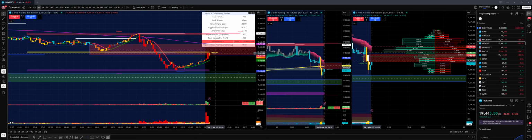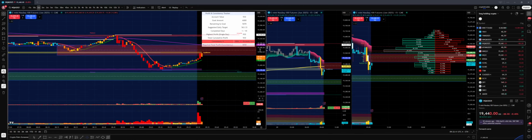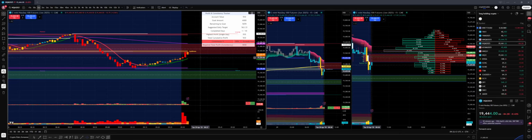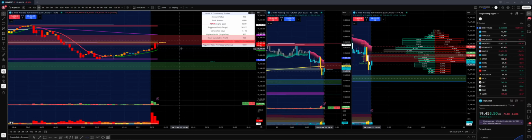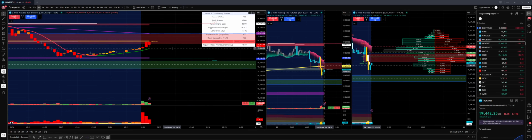This would have been nice to grab there too, but it is what it is. We could consolidate in this range until 10 o'clock. I doubt it's going to do that. We should be able to catch a short way before 10 o'clock.